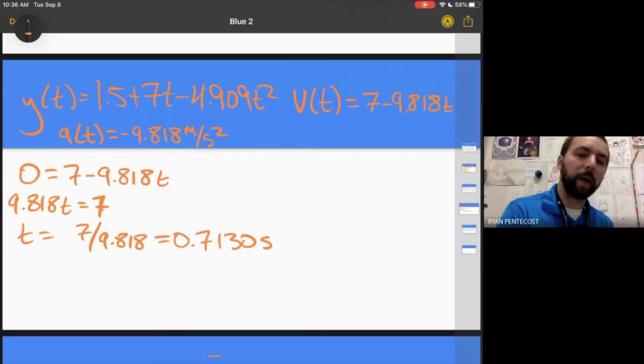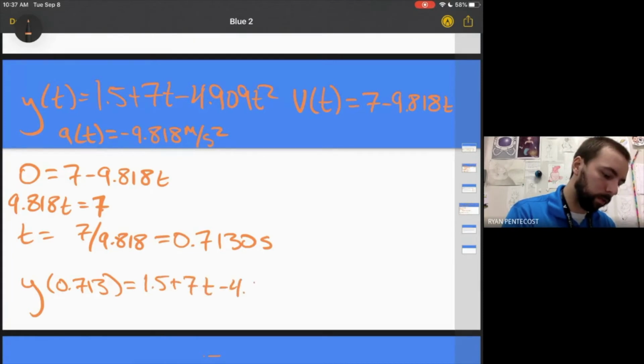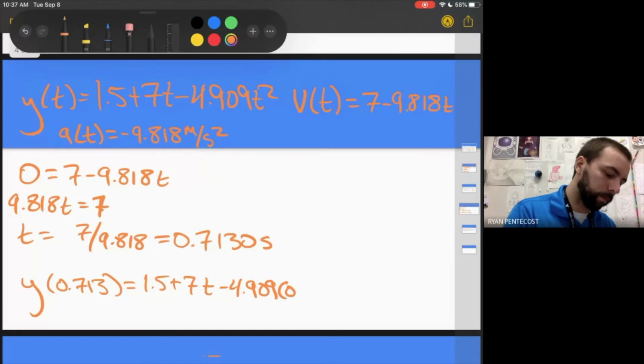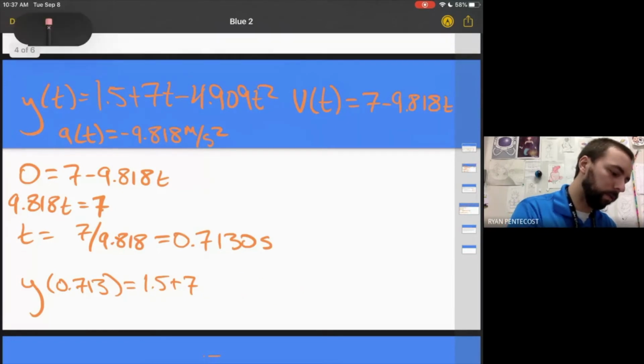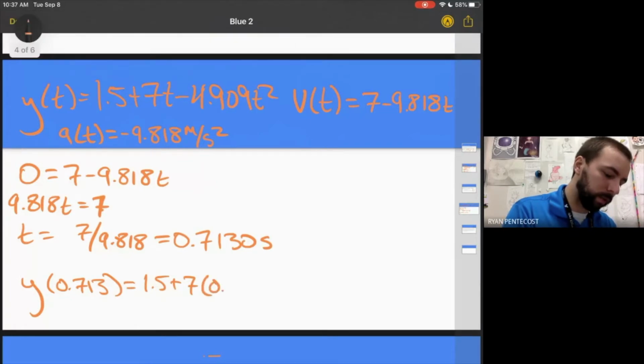Now, if we plug that back in our position function, we can find the position at that time. So let's say y of 0.713. So we have 1.5 using the function up top, plus 7t minus 4.909t squared. Oh, let's put our value in for t. 1.5 plus 7 times 0.713 minus 4.909 times 0.713 squared.